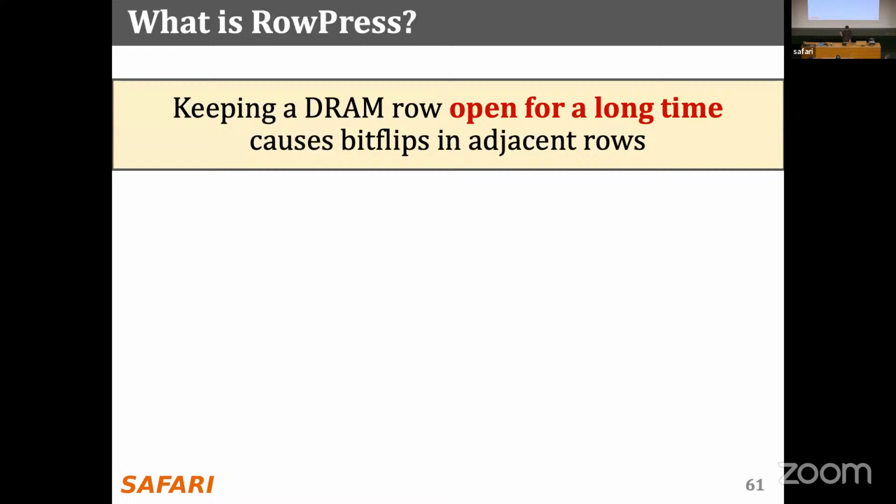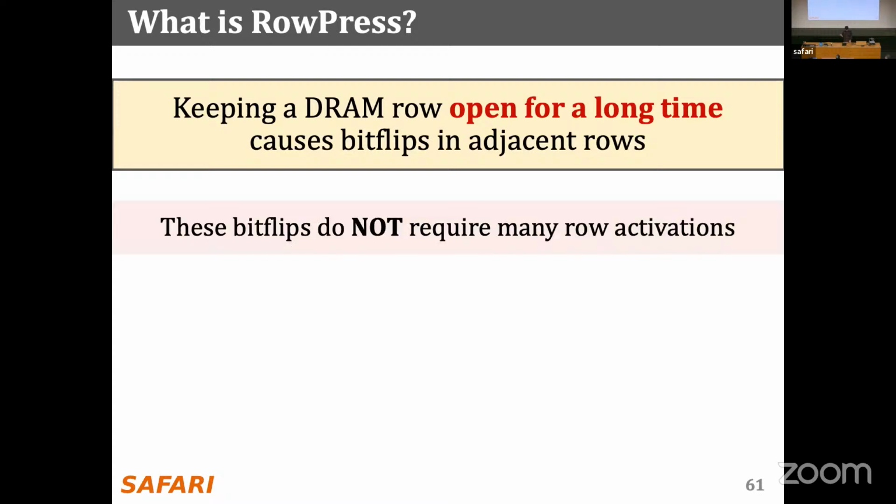RowPress is a phenomenon that we find: if you keep a DRAM row open for a long time, it will cause bitflips in adjacent rows. And these bitflips do not necessarily require as many row activations as RowHammer.